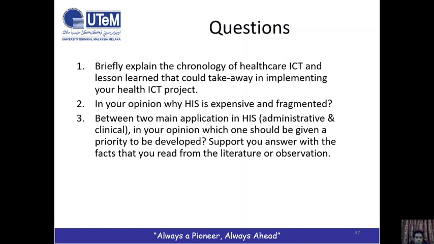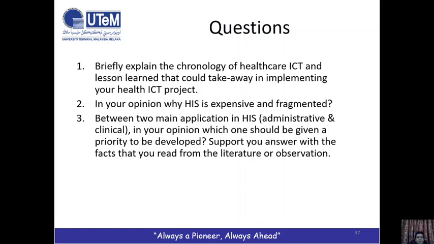So between the 2 main applications in HIS, administrative and clinical, you can give an opinion from the lessons learned of the HIS implementation from 1960 until 2020.